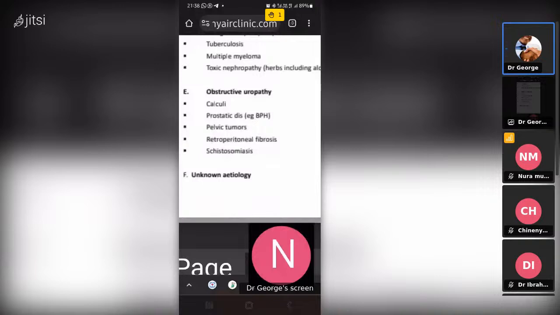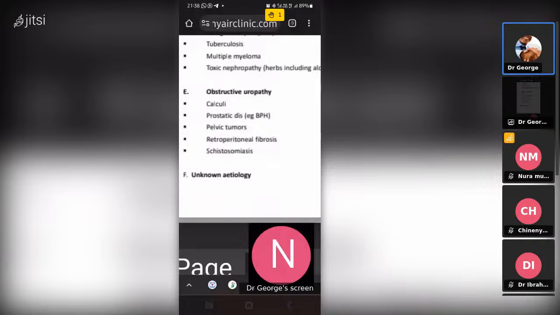So this thing will just resolve by itself without being treated. When this happens, there are chances that some of the residuals can lead to renal damage later through molecular mimicry. Then diabetes mellitus, HIV infection, and toxic nephropathy.